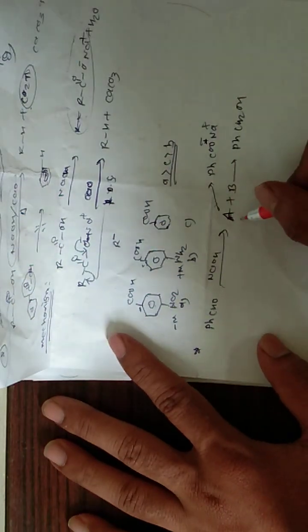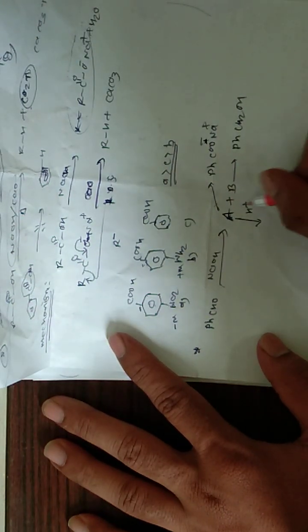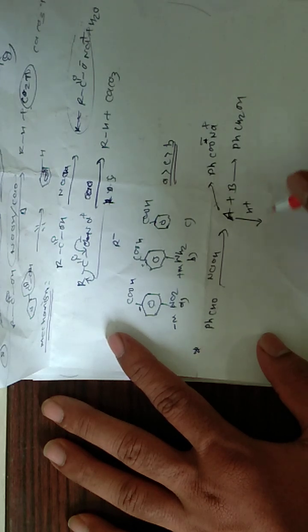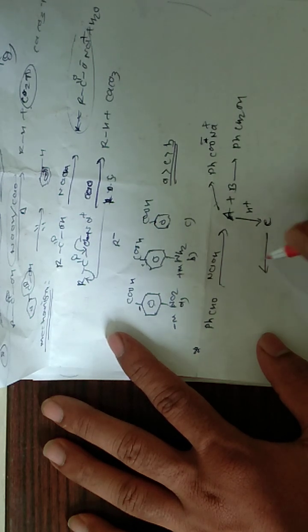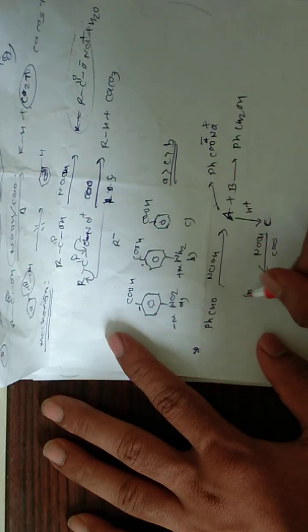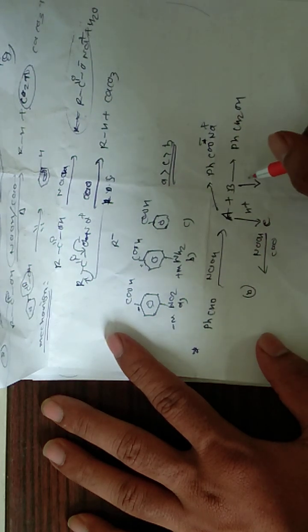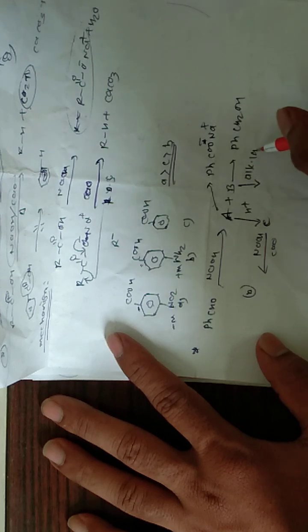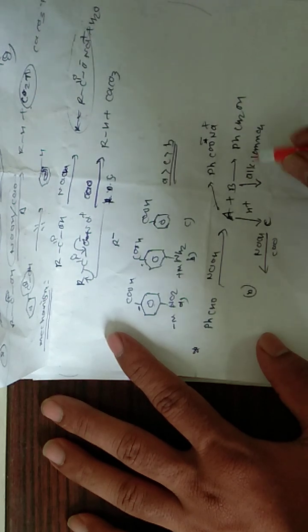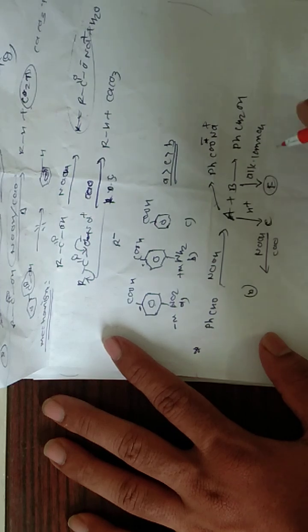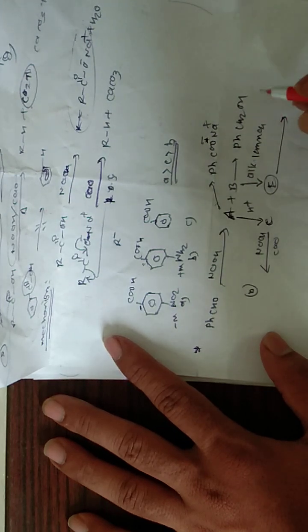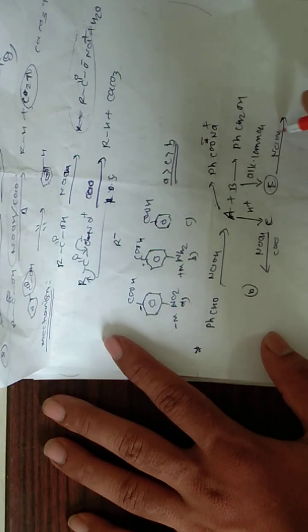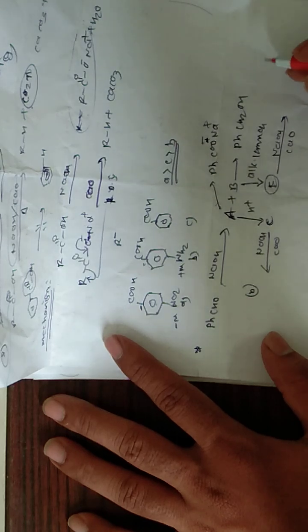But the whole question is: A in acidic medium gives C, which on further reaction in presence of NaOH and CaO gives D, and B on alkaline KMnO4 gives E, which on further NaOH and CaO gives F.